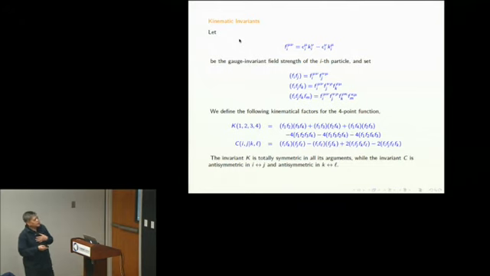Let's define these 2 big kinematic factors, K and C. K is totally symmetric in everything, while C is anti-symmetric in pairs. Let's try to group our answer in terms of these.